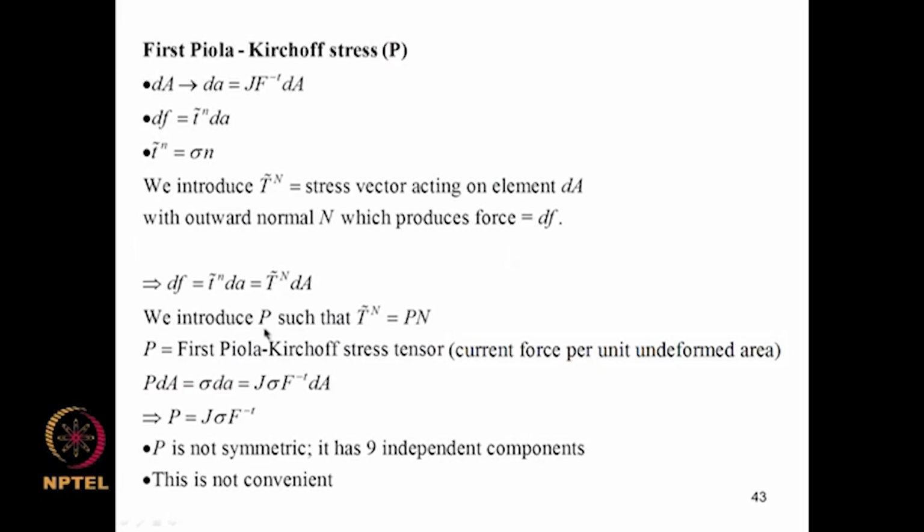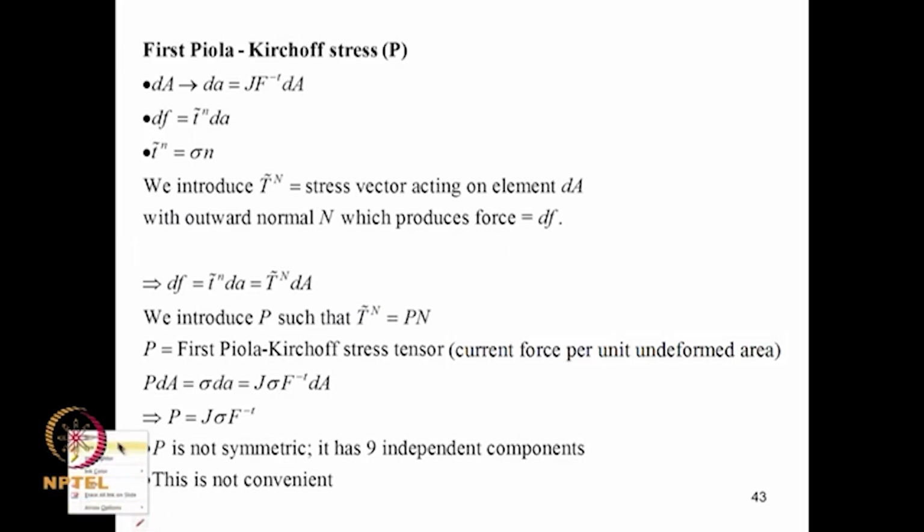So, consistent with this definition, T tilde n is sigma n, I introduce another matrix P such that capital T tilde n is P into N, where capital N is the vector of unit outward normals. So this quantity capital P is known as the first Piola-Kirchhoff stress tensor. This is the current force per unit undeformed area.